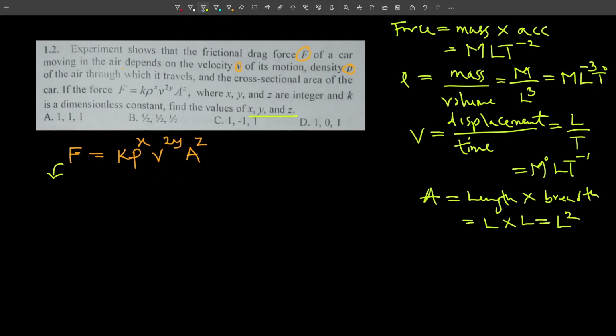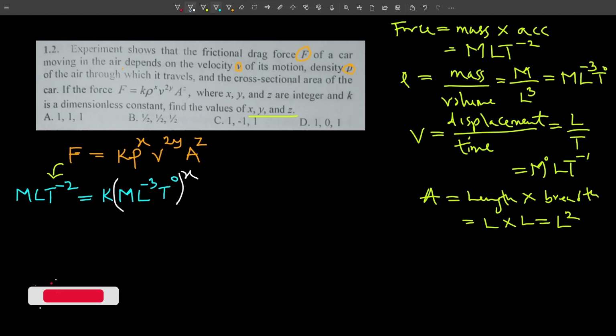So let's put all this into the equation. For F, what do we have? F is MLt raised to the power minus 2, equals, we have our K, rho, which is density. Density is ML raised to the power minus 3, t raised to the power 0. Now, density is carrying the power of x, so let's put this in a bracket, raised to the power x.